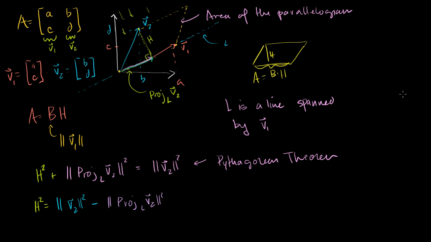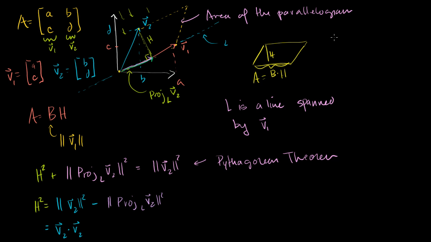So let's see if we can simplify this or write it in terms that we understand. The length of the vector v2 squared is just equal to v2 dot v2. You take a vector, you dot it with itself, and you get the length of that vector squared. We saw that many, many videos ago. And what is the projection going to be equal to?